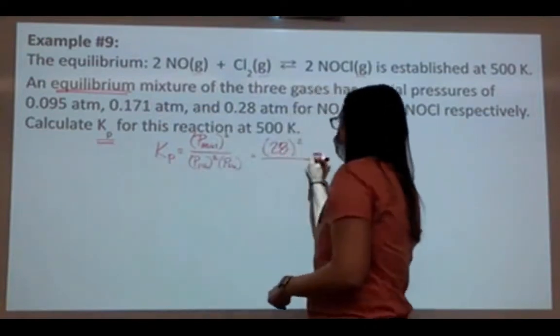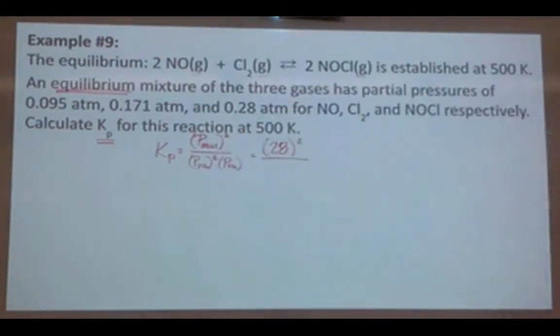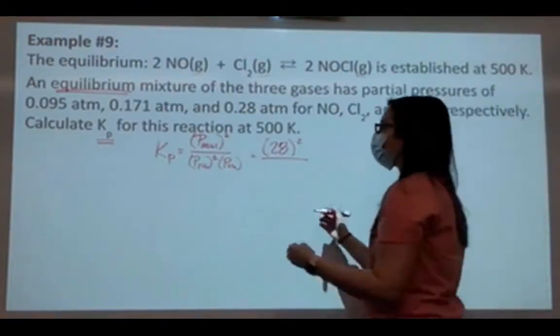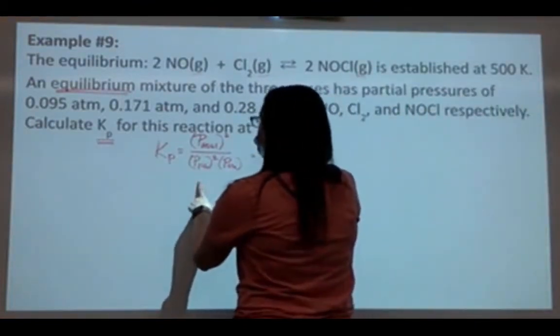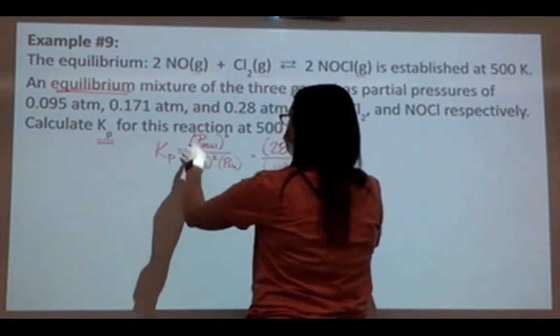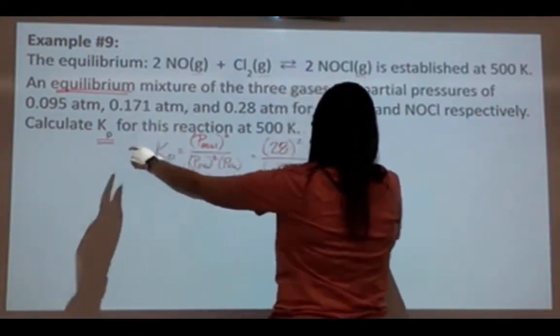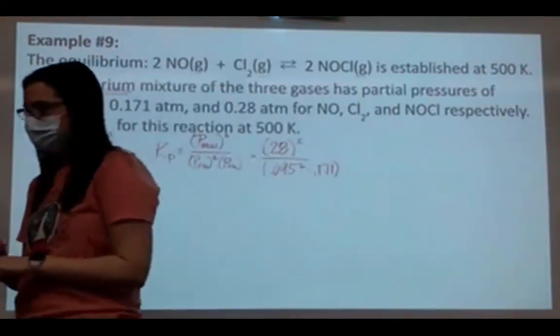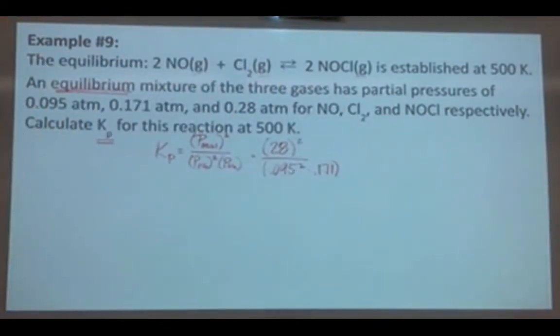Don't forget to square. That's why writing the Kp expression is also useful. You can see what your exponents are. NO is 0.095 squared times 0.171. Oh man, 2 sig figs.